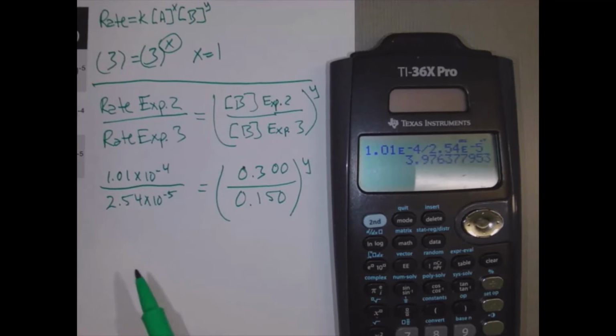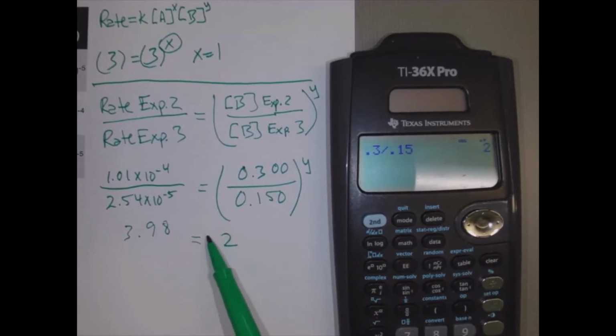So hit that. So that's 3.98. Let's round to the hundredths place. Okay, and that equals, 0.3 divided by 0.15 equals 2 raised to some power y.